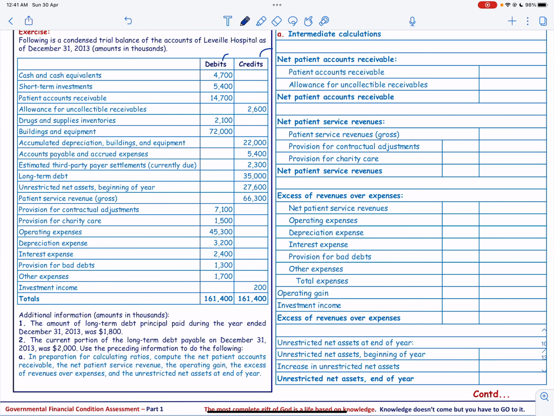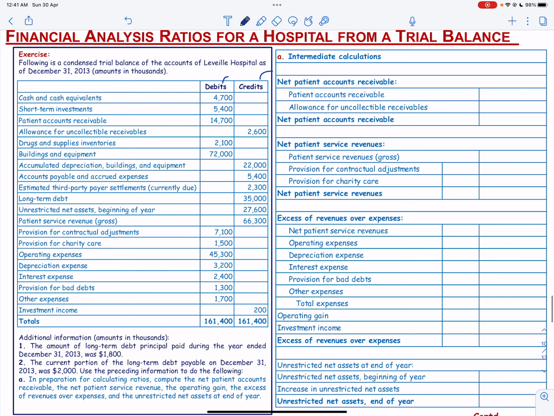So this slide is going to cover only part A. So we have the information, and then they say the amount of long-term debt principal paid during the year end was 1800. This was the principal payment, and the current portion of the long-term debt payable on December 31 was 2000. So this is the current liability.